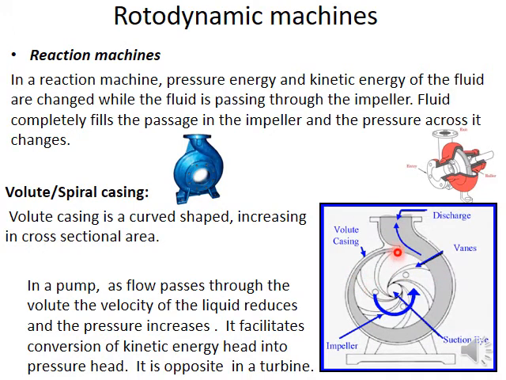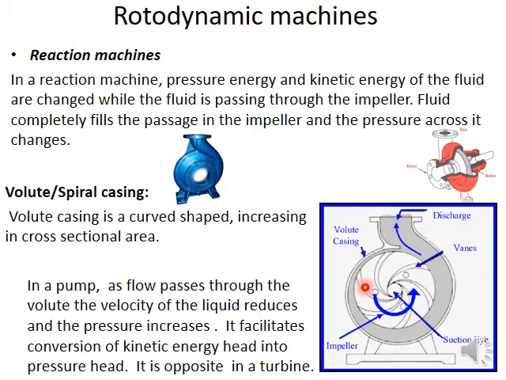In the case of a pump, flow passes through the volute like this, and the velocity of the fluid reduces because you can see the cross section is increasing here.